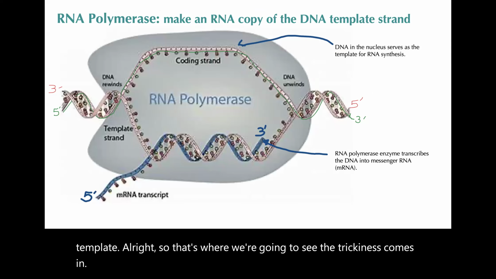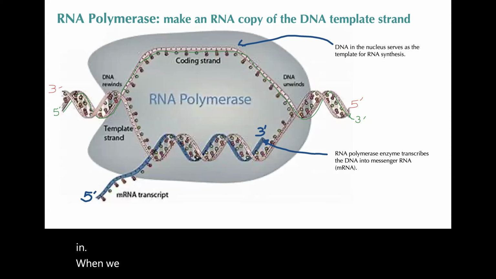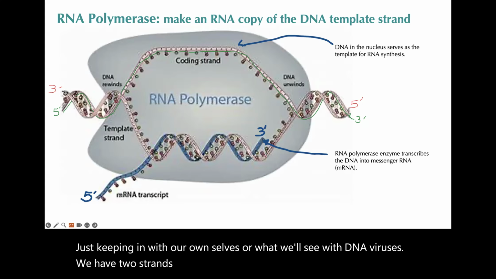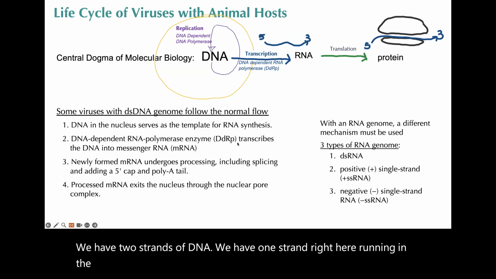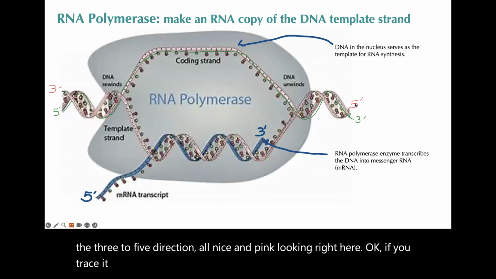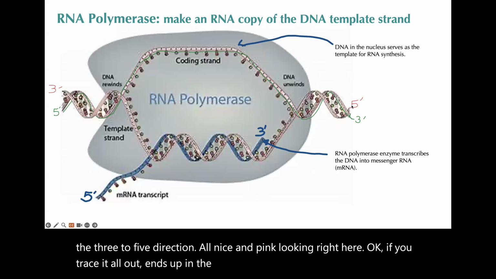All right, when we look again, just keeping in with our own cells or what we'll see with DNA viruses, we have two strands of DNA. We have one strand right here running in the 3 to 5 direction, all nice and pink looking right here. If you trace it all out, it ends up in the 5, all right, 3 to 5.